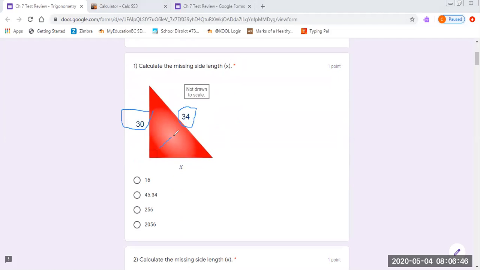And because one of the side lengths is the hypotenuse, when we're talking about a squared plus b squared, what we're in essence saying is that we know c squared. So we have a squared plus, and I'll call 30 here b squared, equals the hypotenuse, which is c squared.